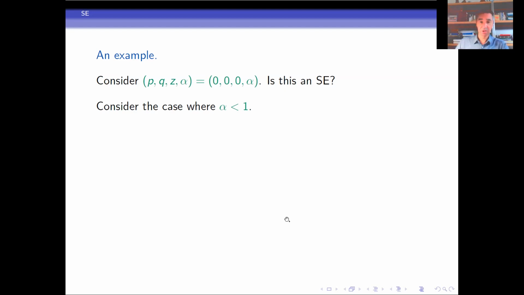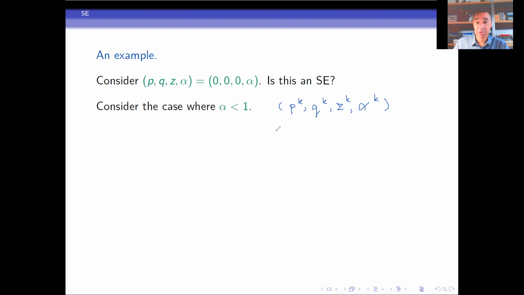We're going to look at a sequence like this, right? And we want this to converge to 0, 0, 0, alpha.